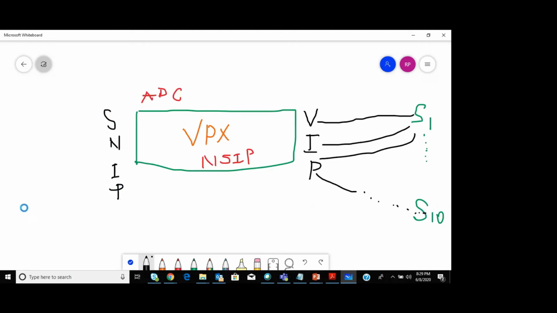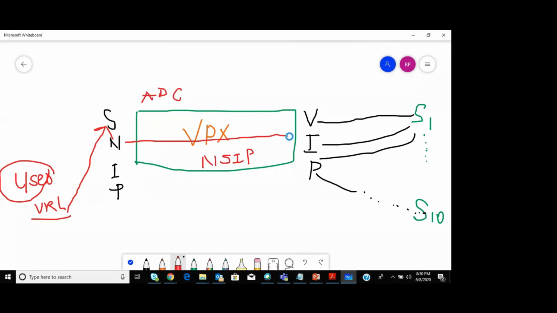Suppose the end user, the production user who is going to access these load balancing services, accesses some URL, and that URL will be hitting the SNIP, the subnet IP of the Netscaler.